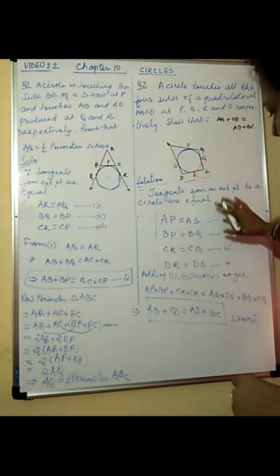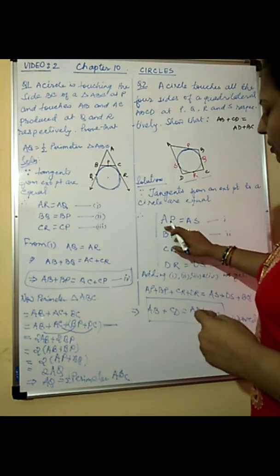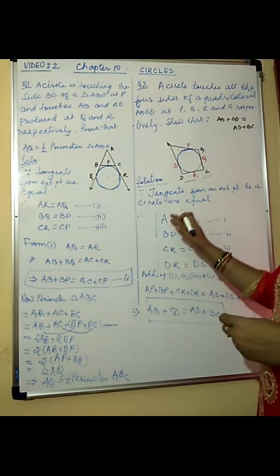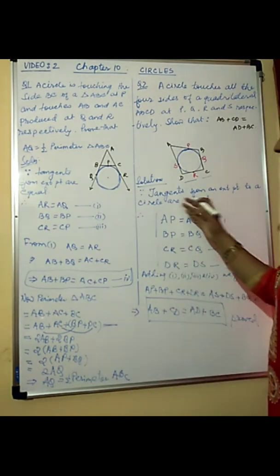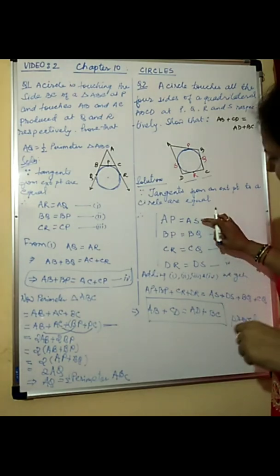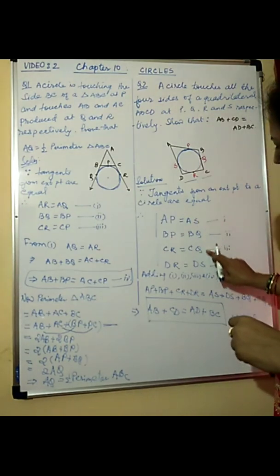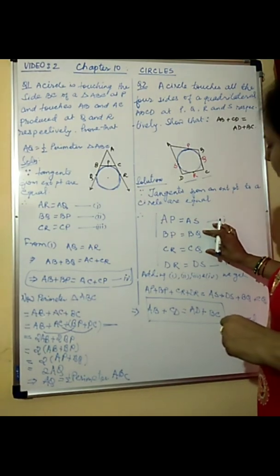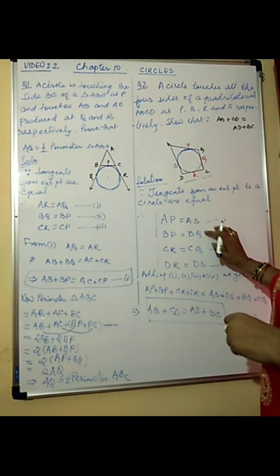So if I add all these 4 equations on LHS, I am sure to get AB plus CD because I have arranged those segments in that order. And then on RHS, the ones which have S common, you take those 2 segments and add them, and then add BQ and CQ which have Q common.